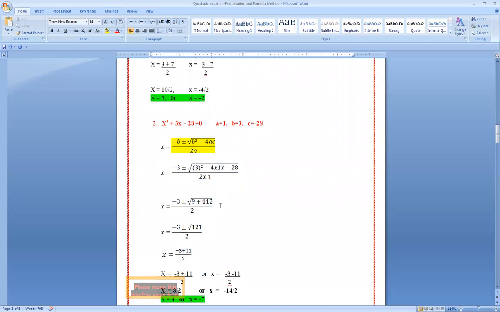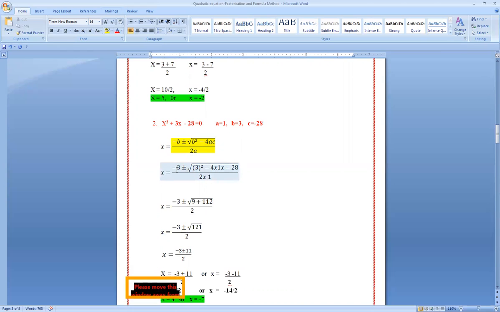Let us go for the second question they have given. The equation is x square plus 3x minus 28 equals 0. This is nothing but the value of a is 1, the value of b is plus 3, the value of c is minus 28. All these values we need to substitute in the formula.